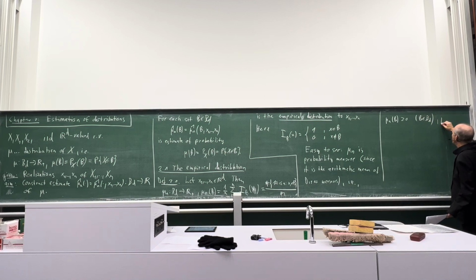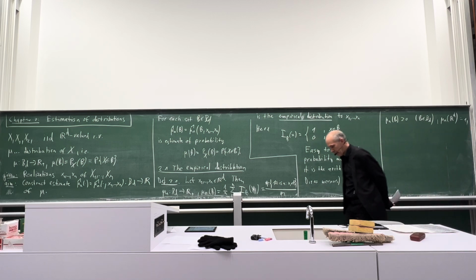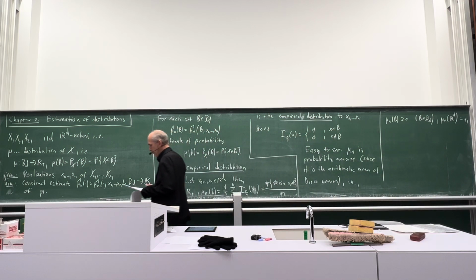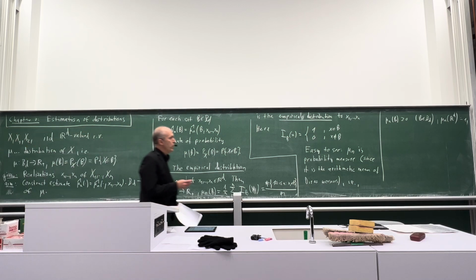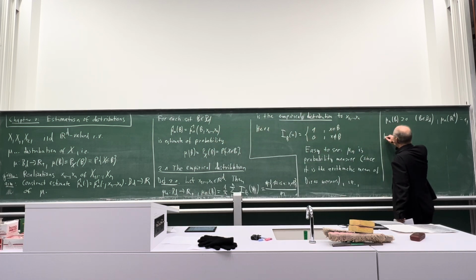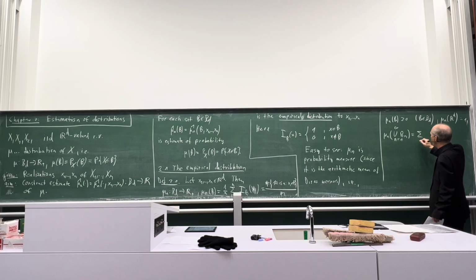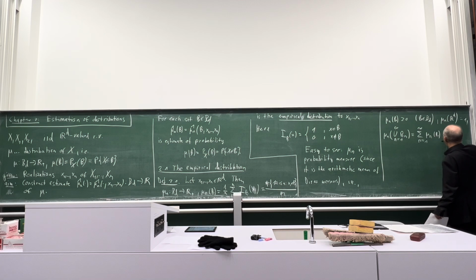The value of the complete set, the sample space R^d, is 1, and you have the sigma additivity: mu n of a countable union of pairwise disjoint sets is just the sum of the mu n of the sets, for all pairwise disjoint.